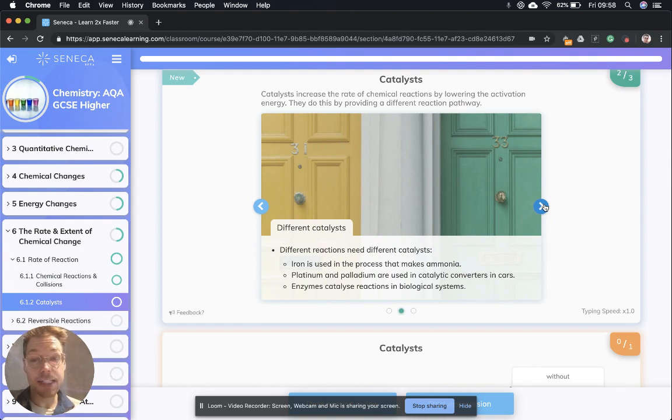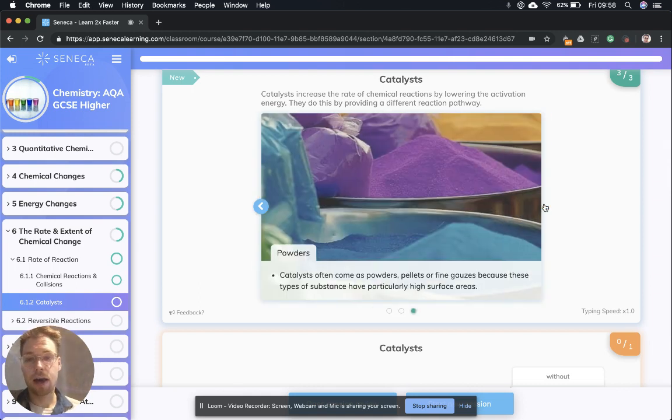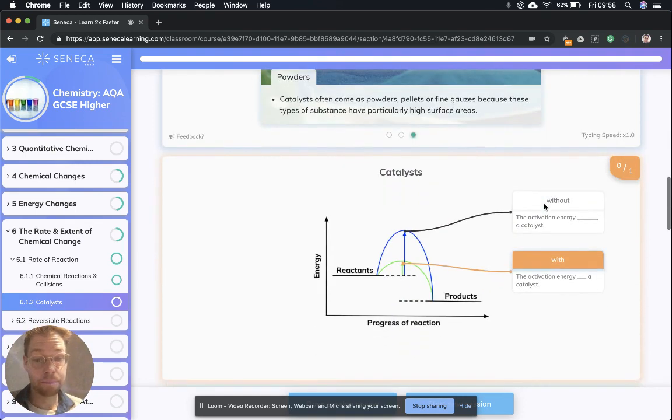Different reactions require different catalysts. So some good examples are iron is used to make ammonia, platinum and palladium are used in cars' catalytic converters, and enzymes are biological catalysts. Like we were talking about with surface area, we want to give catalysts the bigger surface area that we can. So they often come as powders or pellets or fine gauzes because they've got a high surface area.